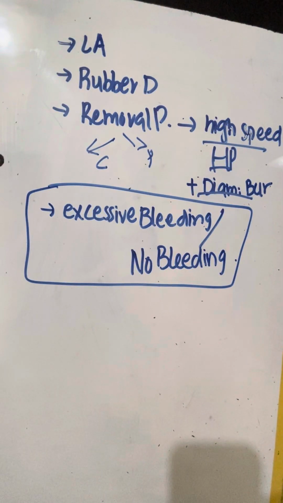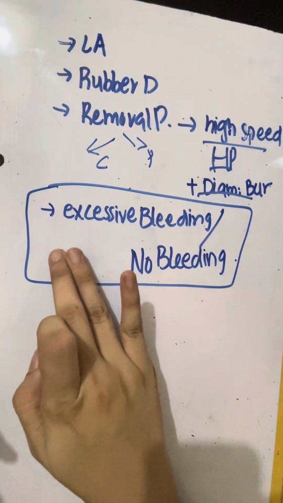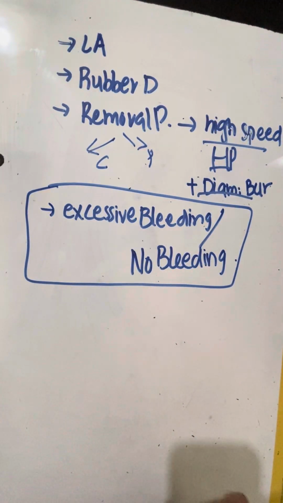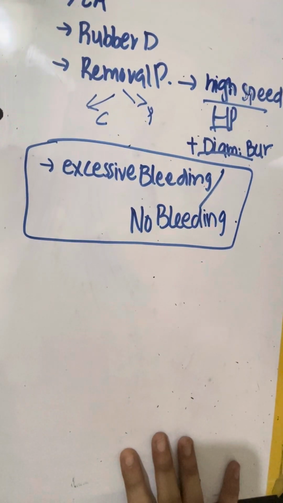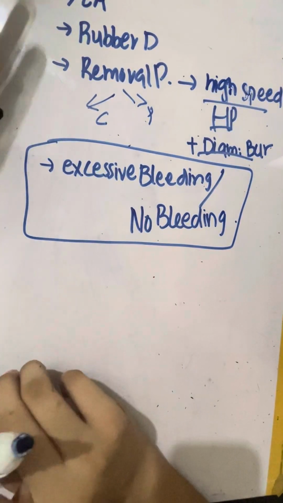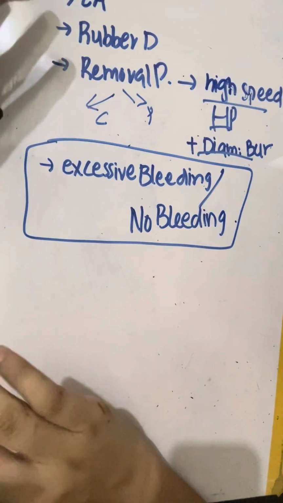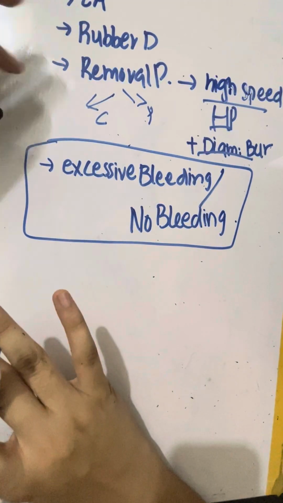It means you still haven't reached the fresh, healthy pulp. What is the sign that you have reached the healthy pulp? There will be fresh bleeding, but not massive. But if there is massive bleeding or no bleeding at all, it means you have to further remove the pulp. You have performed the procedure of LA, you have isolated the tooth, you have removed the pulp.